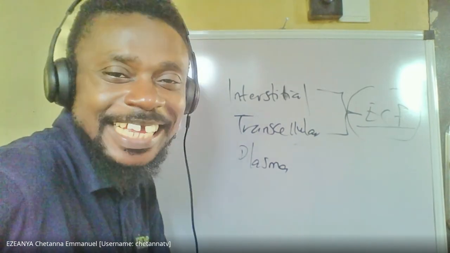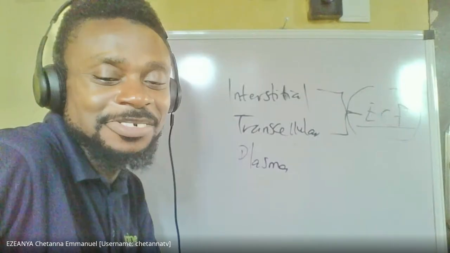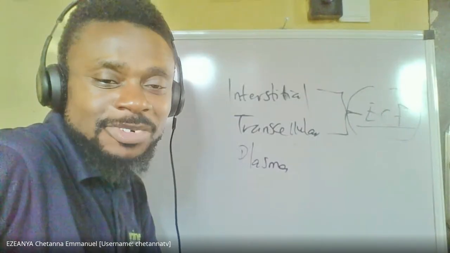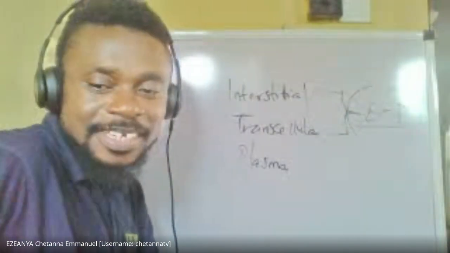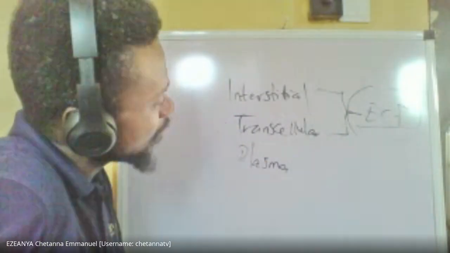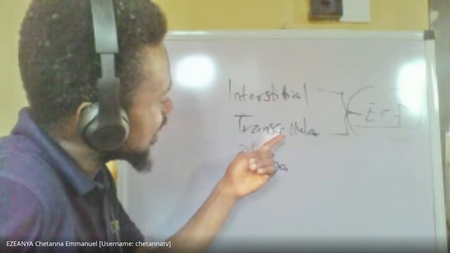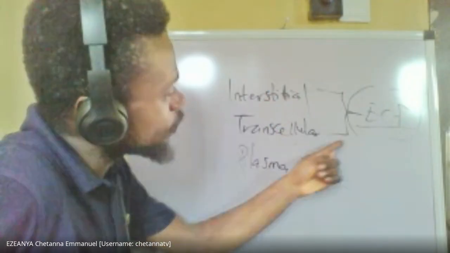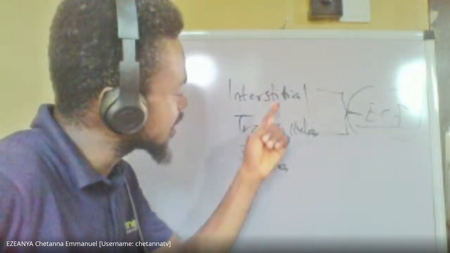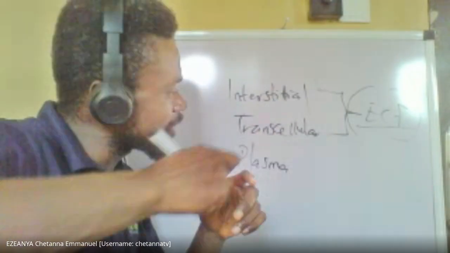It's only intracellular that is inside the cell. So what are you going to do? That's what I'm trying to explain here. Interstitial, transcellular, and plasma, three of them.